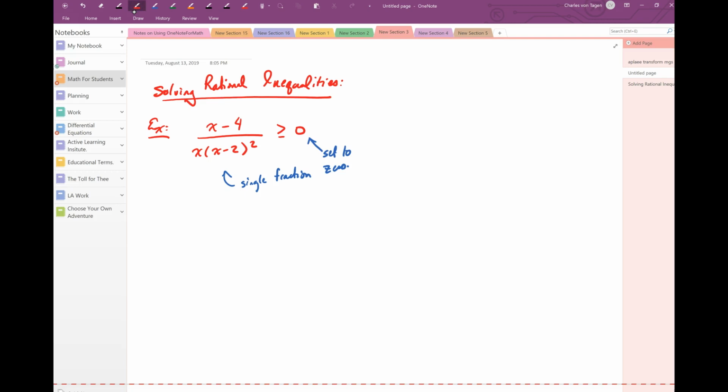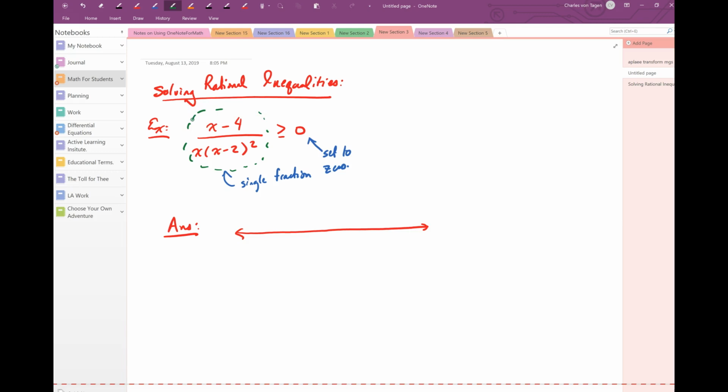So the first thing you want to do is make a number line. And on that number line, you're going to put any values where this fraction right here is either 0 or undefined.